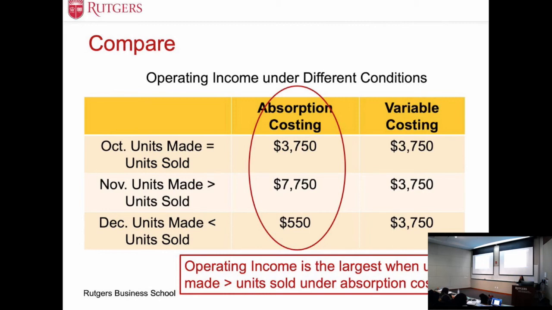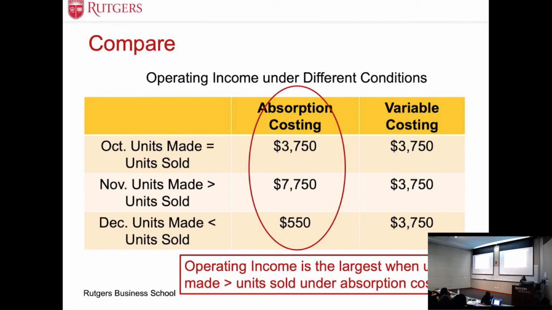If you are reporting according to GAAP under the absorption costing to show people your operating income, do you have the incentive to make less than you sell or more than you sell? More, because under the second situation where you make more than you sell, you will have the largest operating income.